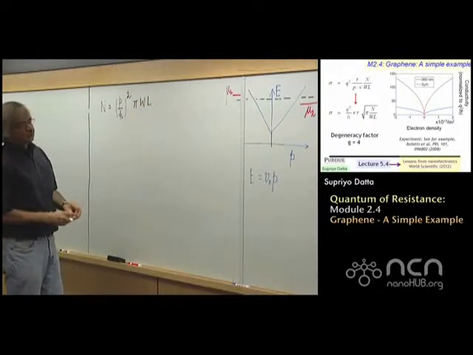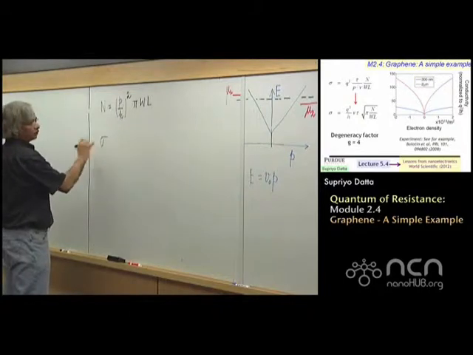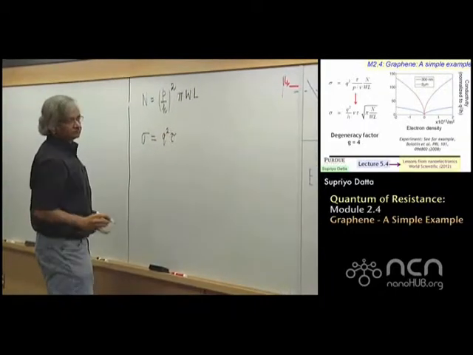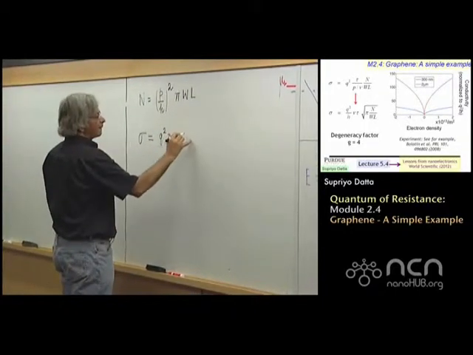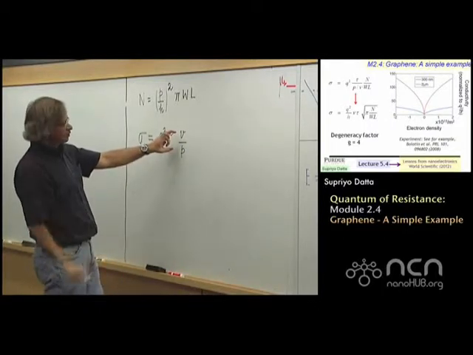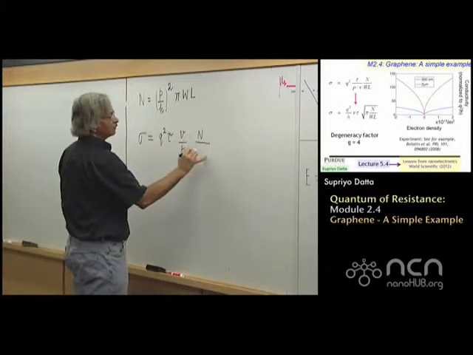Now, the expression for conductivity that we already have looks like Q squared tau times V over P, which is written there as 1 over mass, and then N over W.